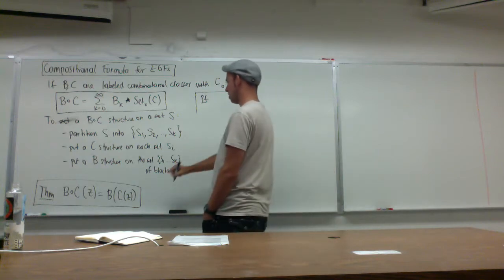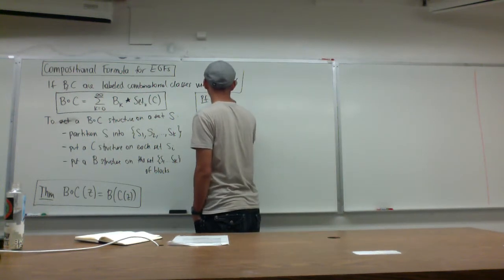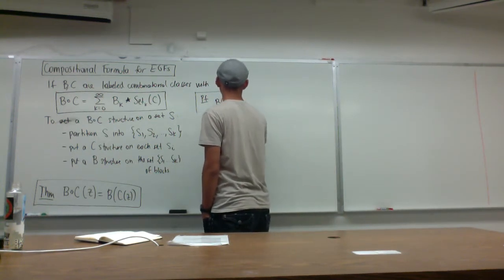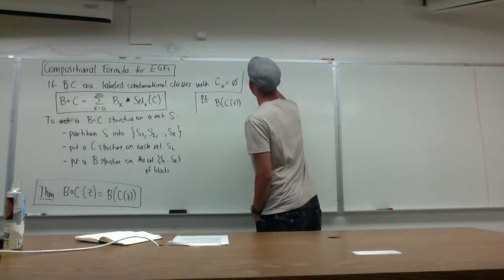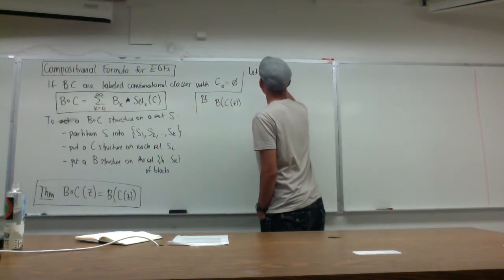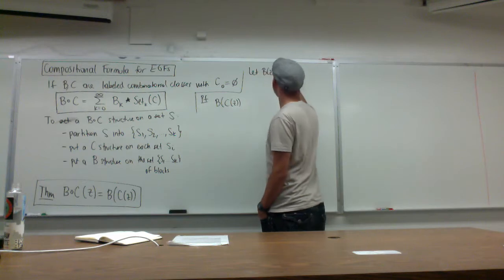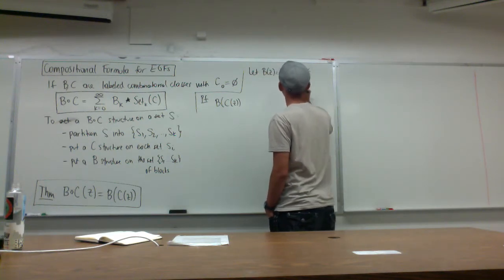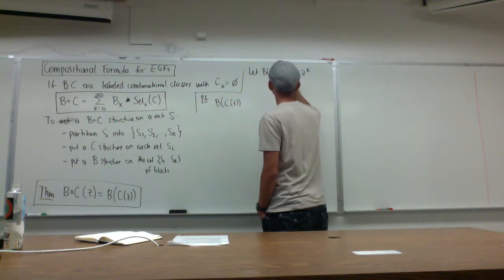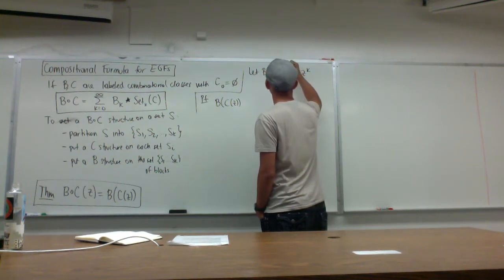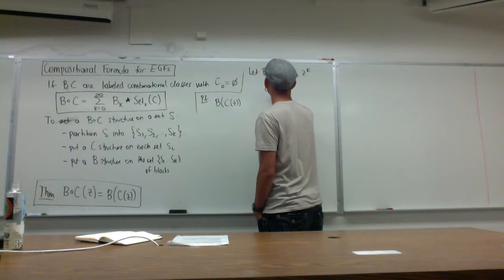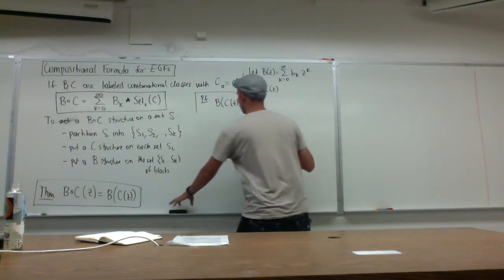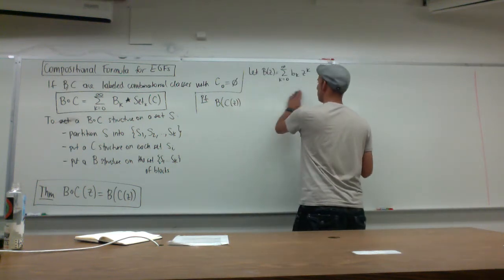So what is B of C of z? Well, let B of z be the sum of b_k z to the k over k factorial. Actually, I don't even need to give names to these coefficients.